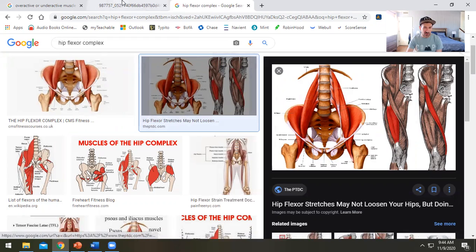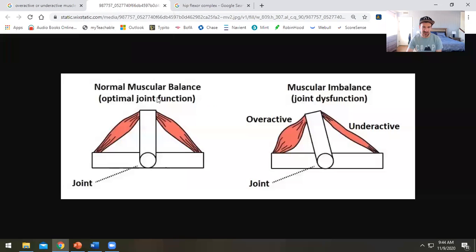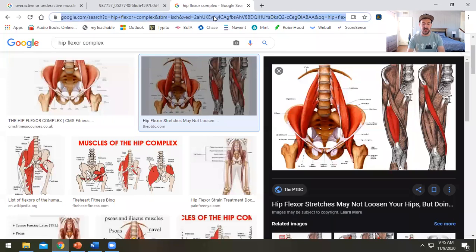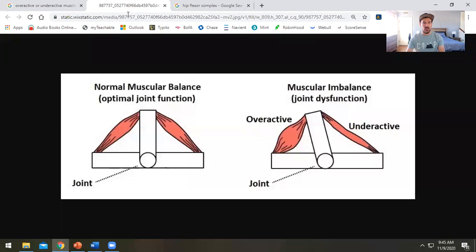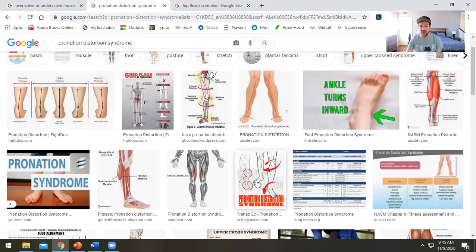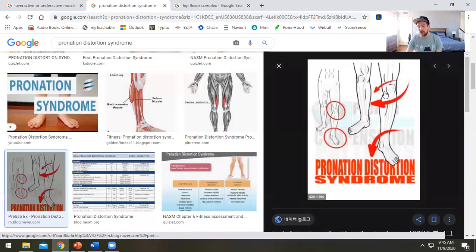You think all of those are causing this knees cave in situation? Probably not. But the ones that are really a big problem here, let's look at what this is, right? This is a little bit of internal hip rotation. Remember, pronation distortion is this internal rotation here, right?